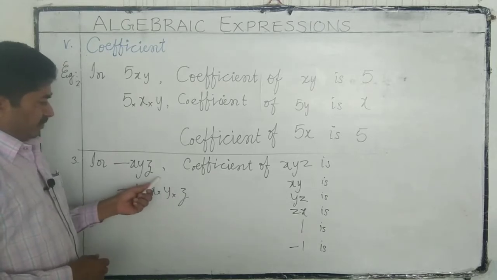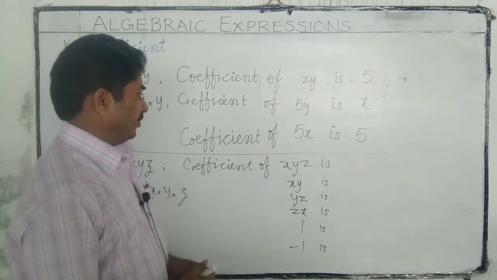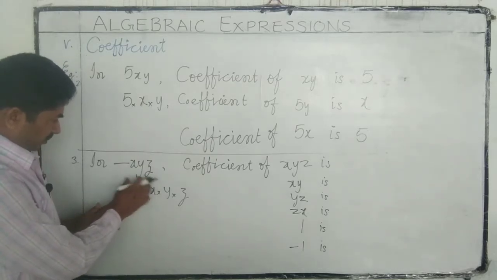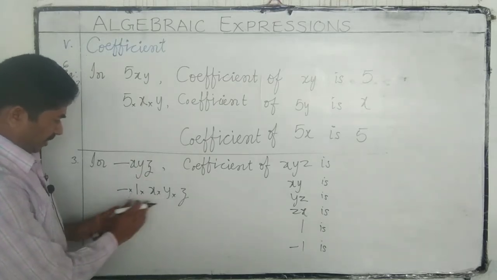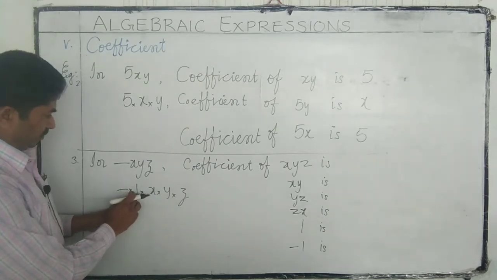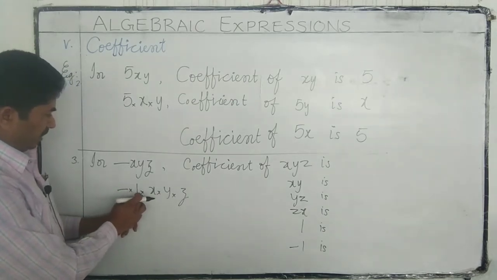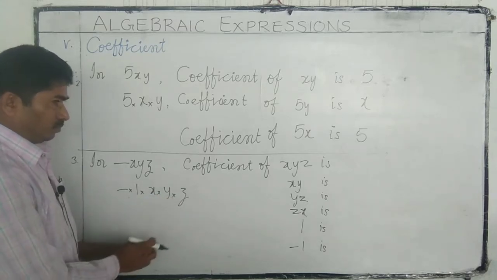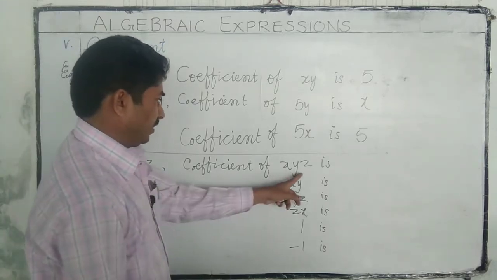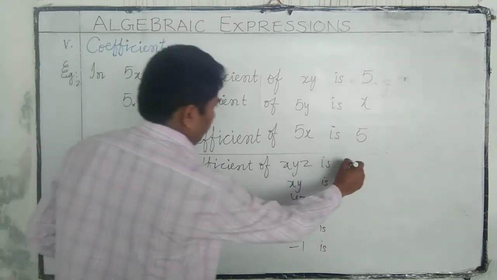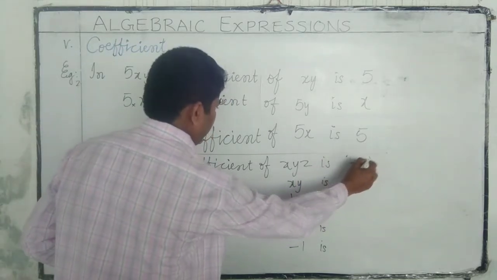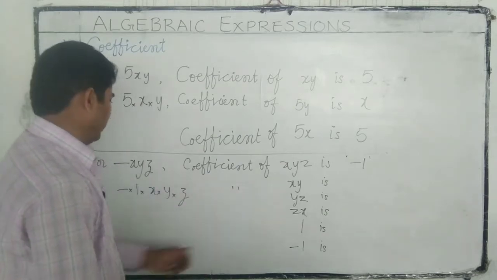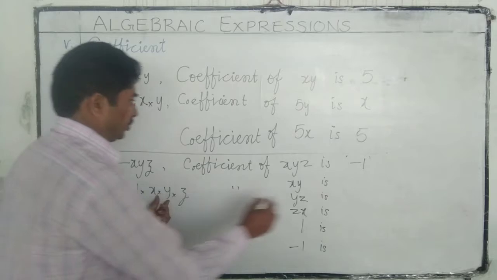In minus xyz, coefficient of xyz is, we can factorize this minus xyz in detail, minus 1 into 1 into x into y into z. So coefficient of xyz is minus 1. Coefficient of xy is minus z.